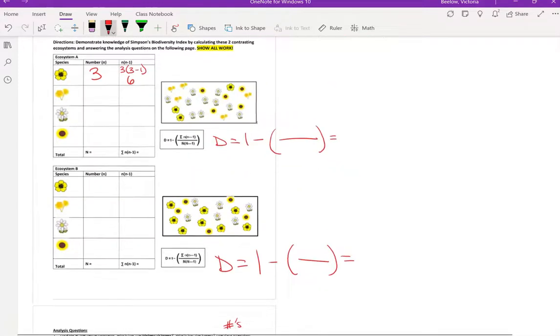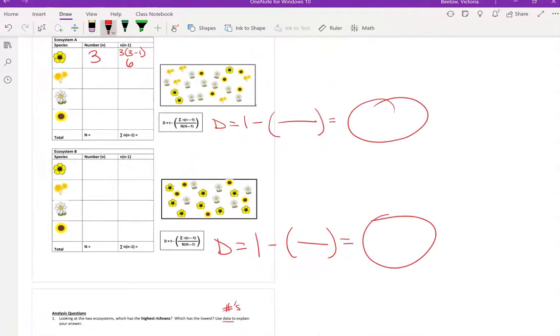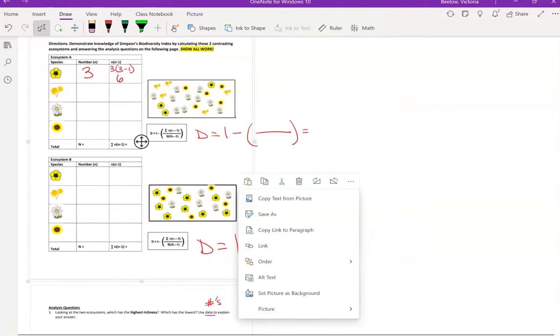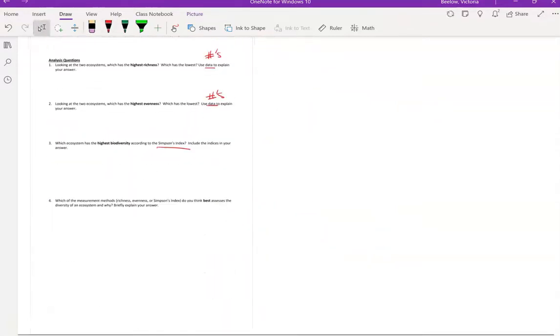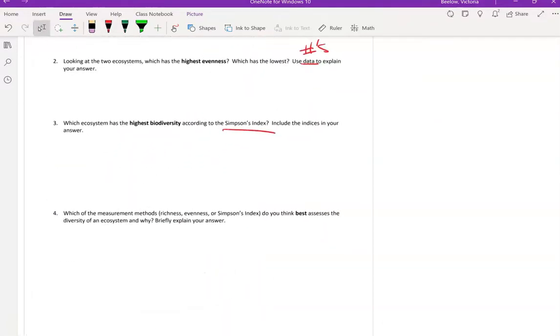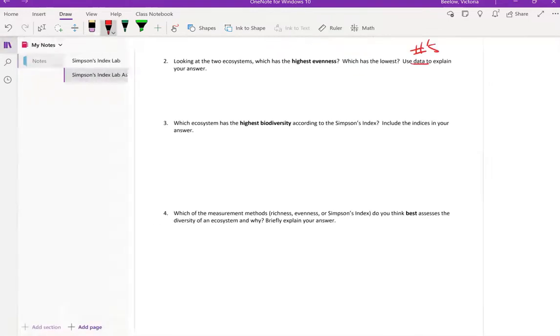You need to talk about these 2 values that you get here in your answer, and which ecosystem has the higher biodiversity. And then the last question: what is the best way to assess diversity of an ecosystem? Is it richness, evenness, or the Simpson's index?